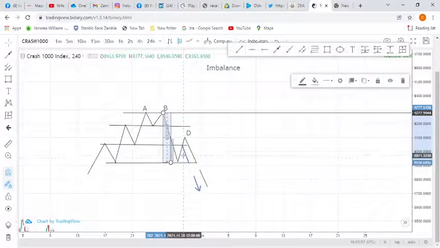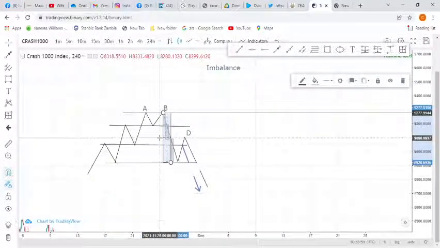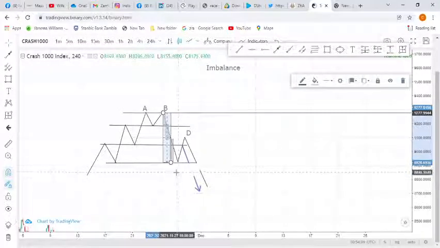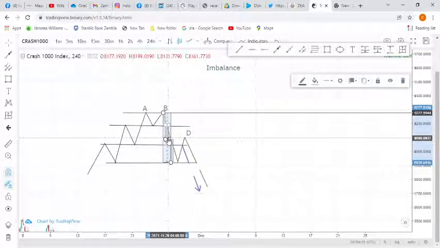Okay, yeah. So here, if you have seen from where the imbalance started, or the rapid movement started, from point B to where the rapid movement ended, which is point C somewhere here, you will see that there is a 50% mark, which you have to mark.